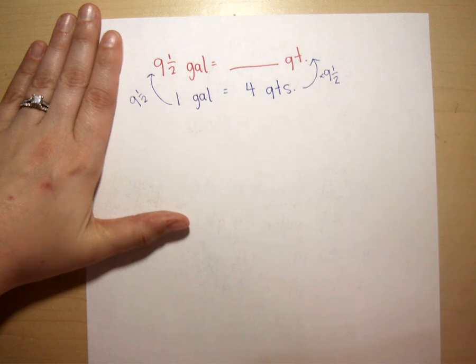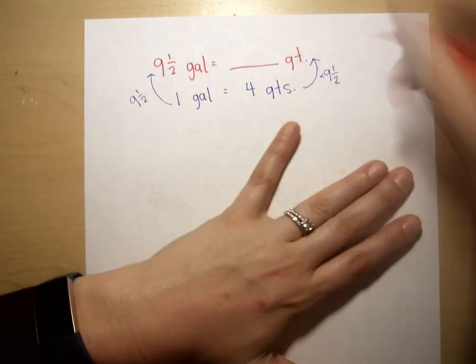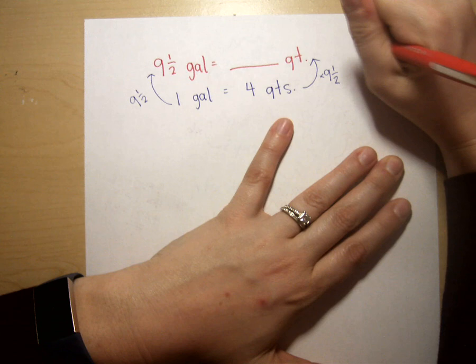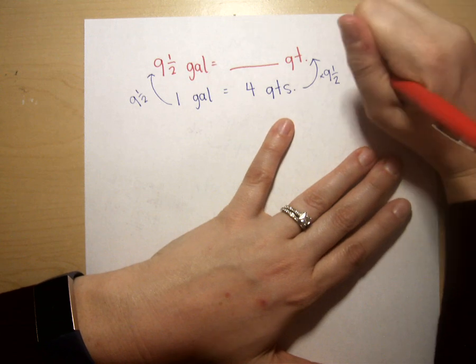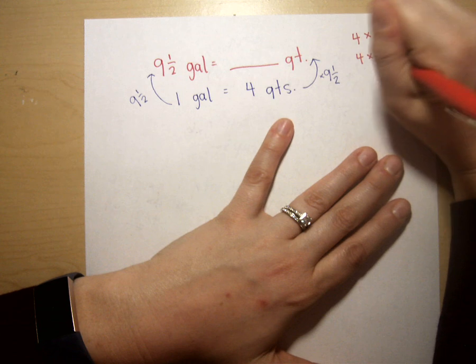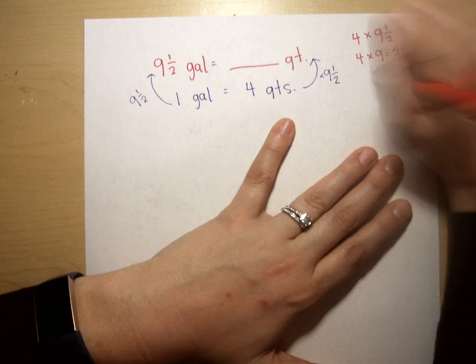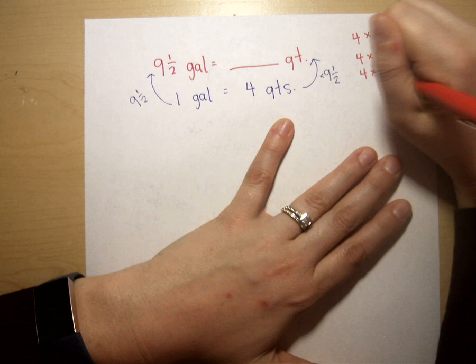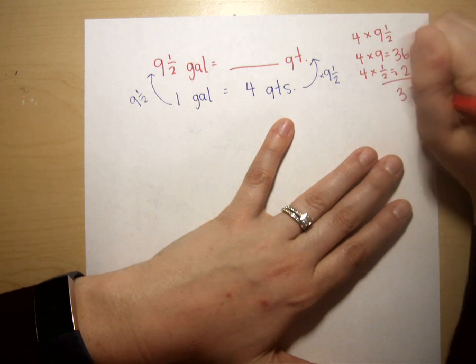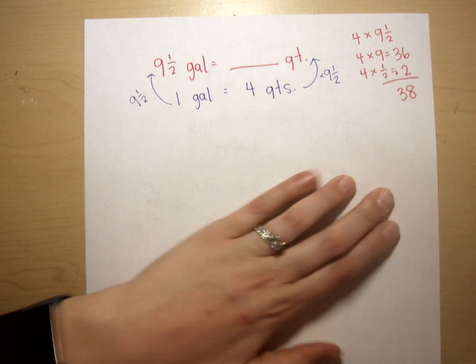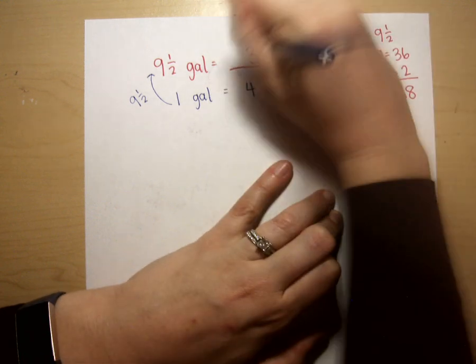Remember, this was one of our launching our learning problems. So the actual equation we're solving is 4 times 9.5. We know 4 times 9 equals 36, and 4 groups of a half would equal 2. So then together, that would be 38 quarts.